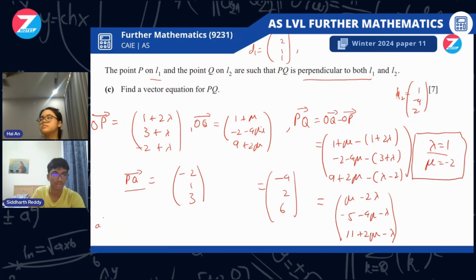At lambda equal to 1, OP is 1 plus 2 into 1, which is 3, 3 plus 1, which is 4, minus 2 plus 1, which is minus 1.